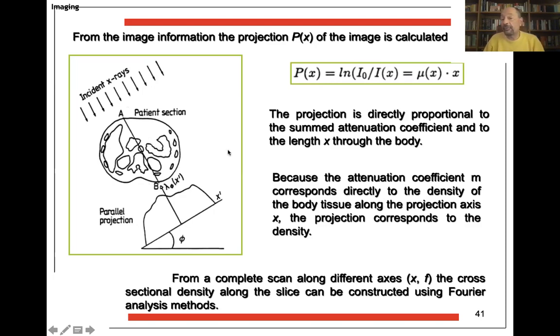So the attenuation coefficient corresponds directly to the density of the body tissue, and so the projection corresponds to the density. Now, if you do a complete scan along different axes, the cross-sectional density along the slice has to be constructed using Fourier transformation.